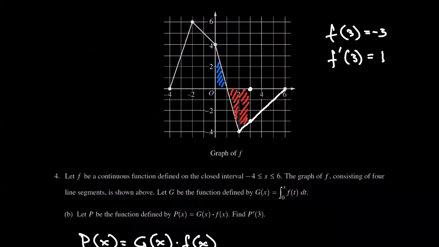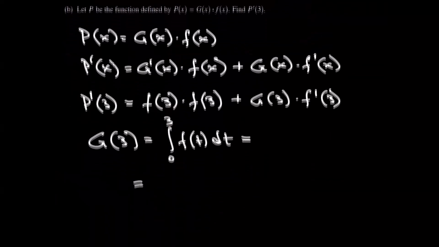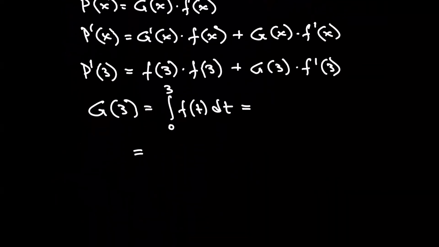And so we can see by counting those squares that g of 3 is equal to negative 3.5, because the first two triangles cancel out, and then the trapezoid has 3 full squares and 1 half square, and it's negative, so it's negative 3.5.